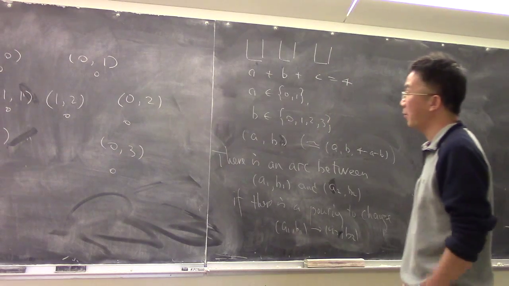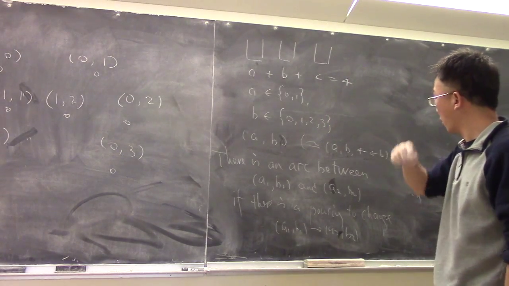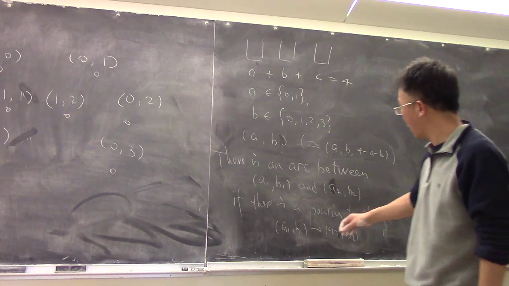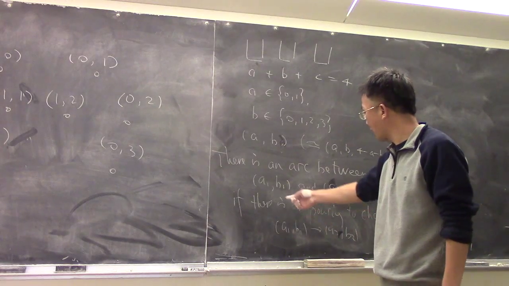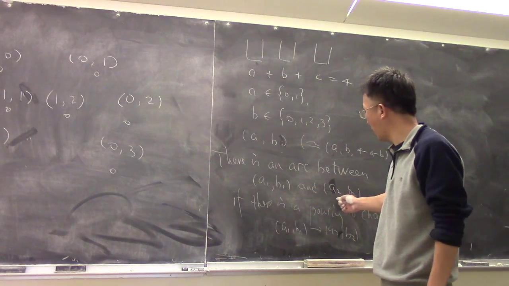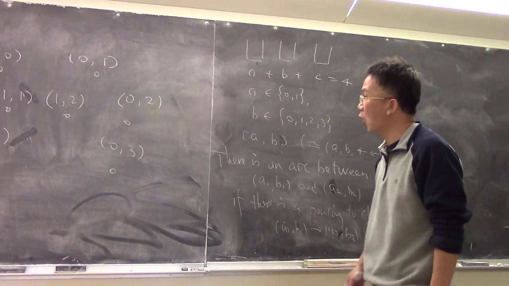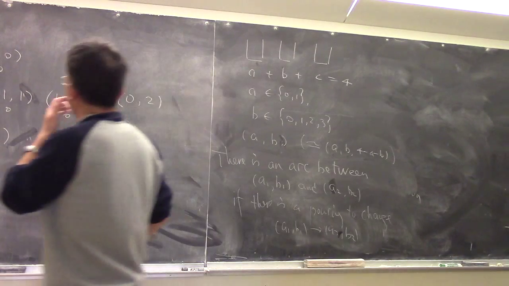So suppose you are able to find a pouring, right? So you pour, there's a pouring to change the status A1, B1 to A2, B2. And then I'm going to join them up.